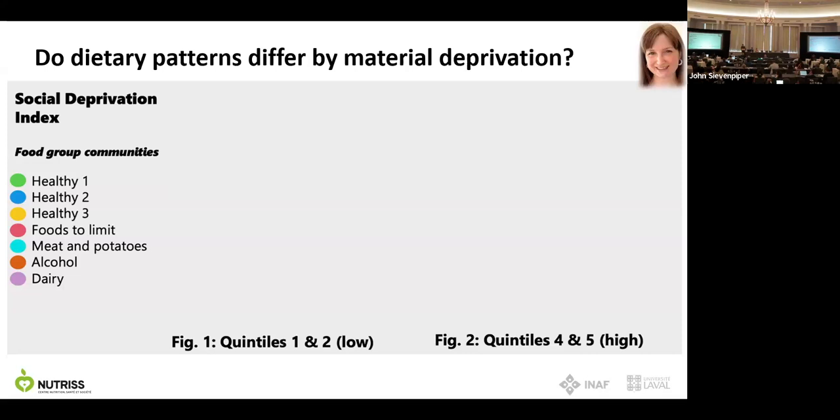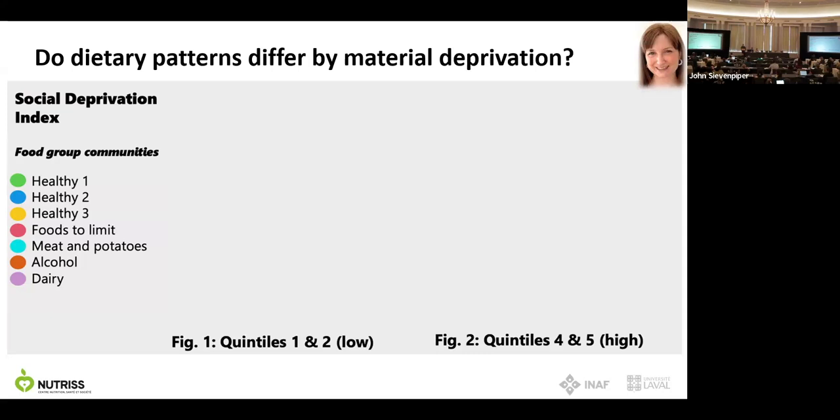And the idea in this example is, are there differences, for example, according to age or sex, which has been studied quite extensively, but in this case, according to sociodemographic characteristics, and we use material deprivation, which is a measure not of the individual challenge in terms of socioeconomic status, but the environment in which they live.